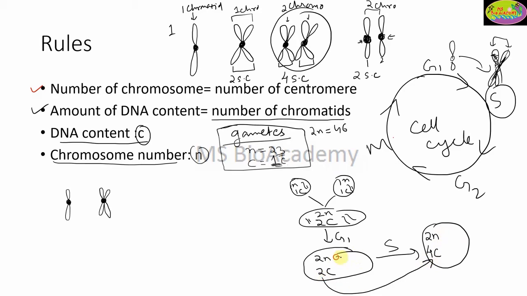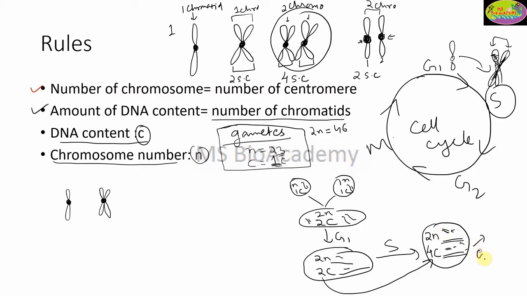Okay, so if the chromosomes are like this way, let's suppose this is small, this is big, this is small, this is big, here it will be duplicated like this way. So now the DNA content is doubled, it has become 4C, but the chromosome number will remain the same, 1, 2, 3, 4, meaning only the diploid set will be there. So that is how you can find out how the DNA content and the chromosome number keep changing.